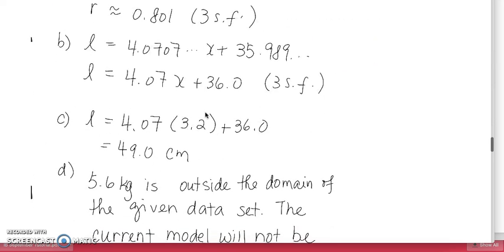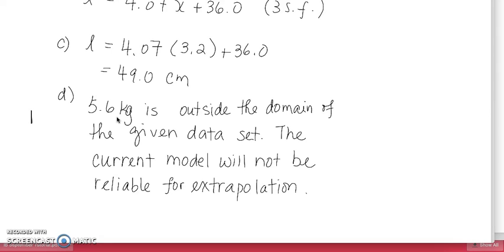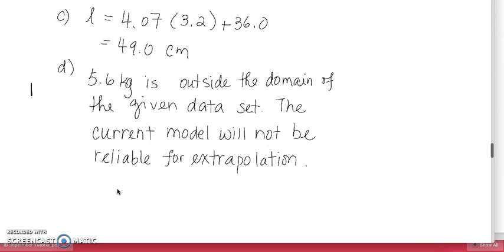Well, since we're using extrapolation, it will be less reliable using this model because we don't really know what happens after mass goes beyond 4.3 kilograms. So we can say that 5.6 kilograms is outside the domain of the given data set. Therefore, the current model would not be reliable for use in the estimation or for extrapolation.